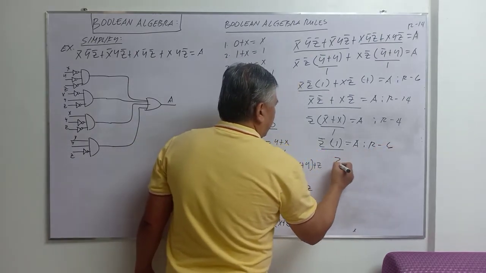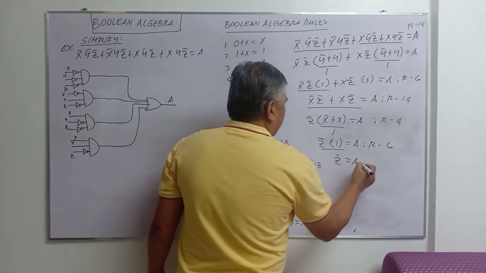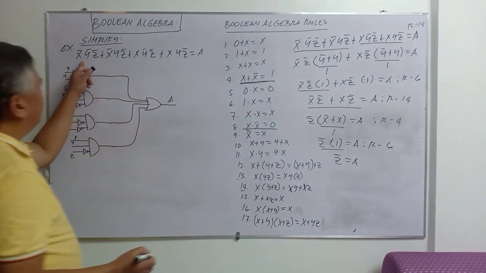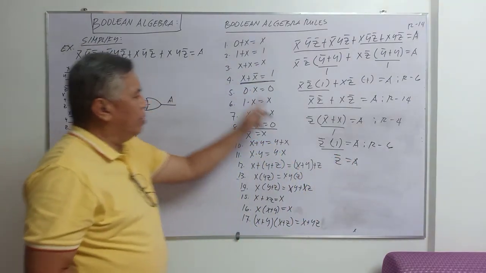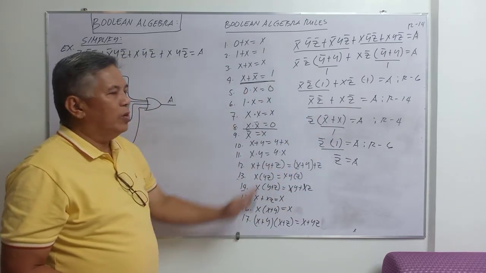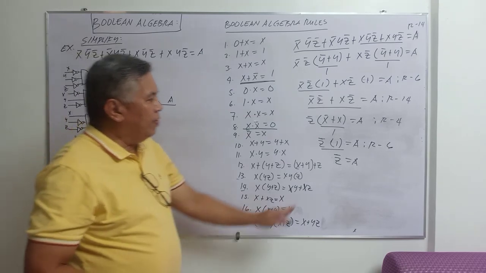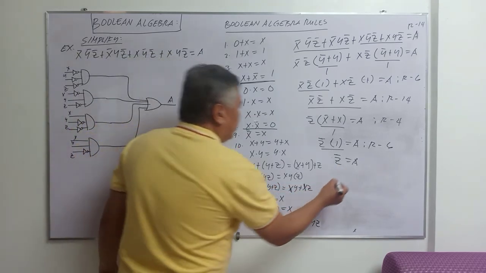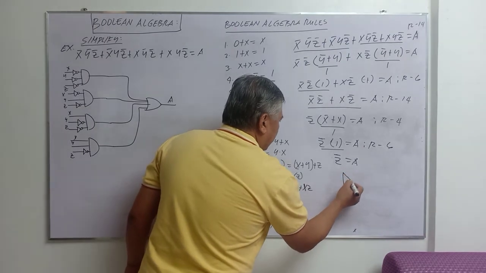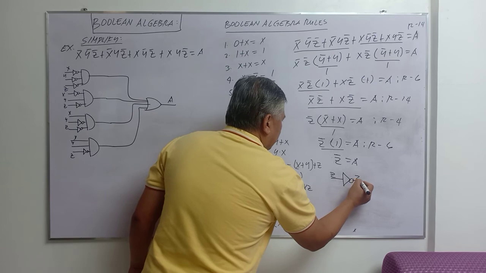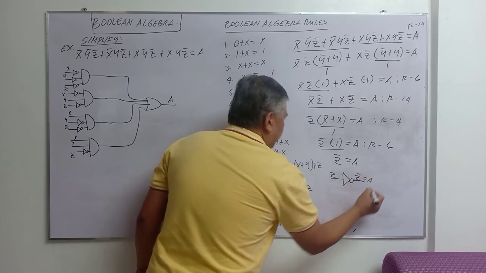So you have Z bar is equal to A. So, if you notice, the original equation becomes this particular equation using these Boolean algebra rules. Now, the logical circuit equivalent of this will just be this representation. So Z bar is equal to A.